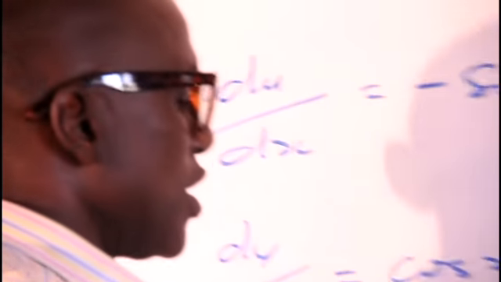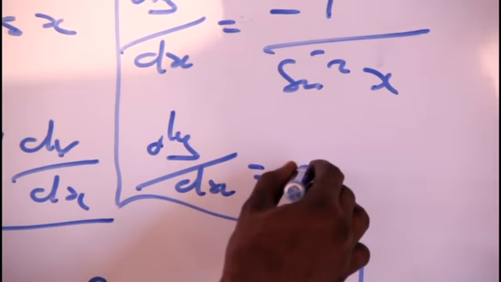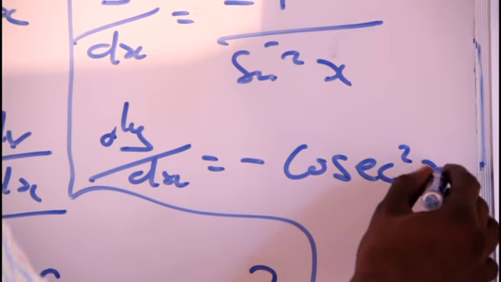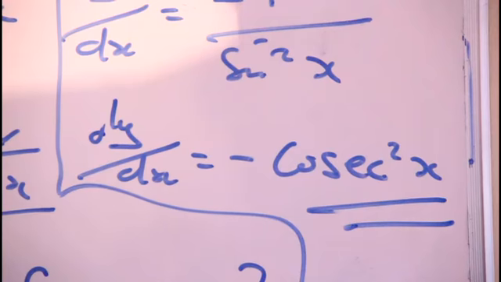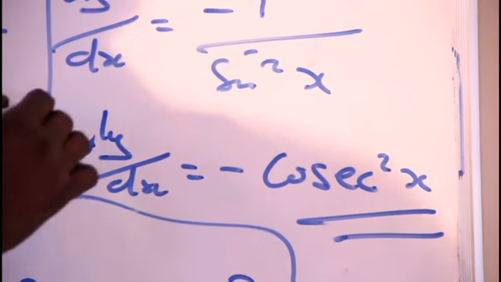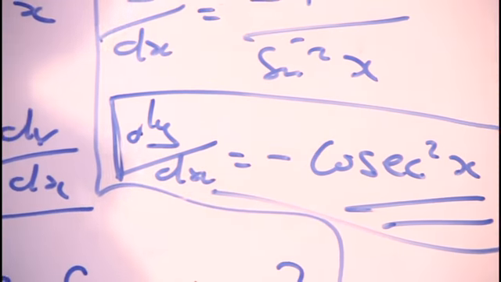By the time you substitute this, dy over dx is the same as minus cosec x squared. That's our derivative. Very interesting.